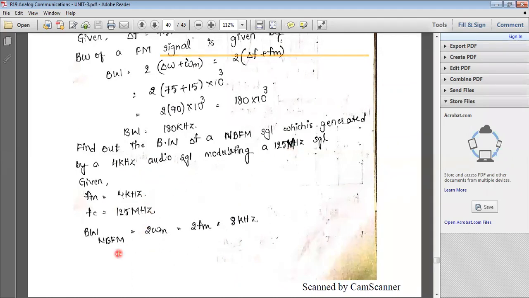Already you know the bandwidth of narrowband frequency modulation is equal to 2 into omega m, which is equal to 2 into Fm. Just substitute, you have 8 kilohertz. So these two questions are short answers.